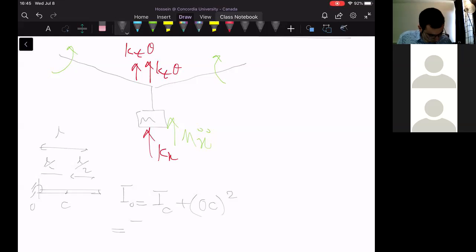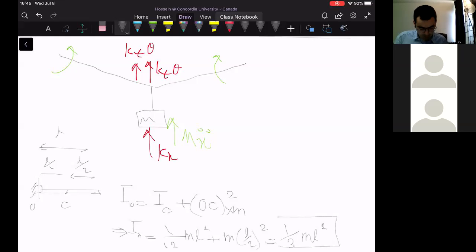Therefore, I around O is 1 over 12 m L squared plus m times L over 2 squared, which is equal to 1 over 3 m L squared.